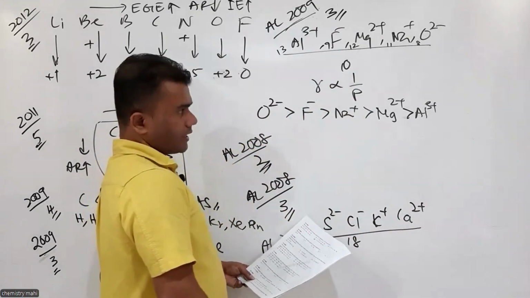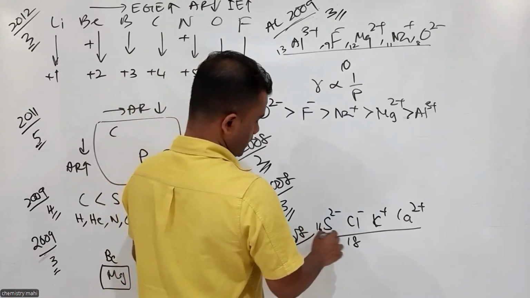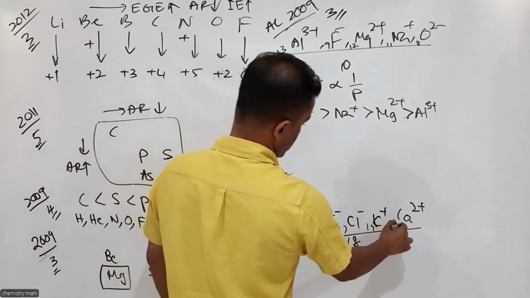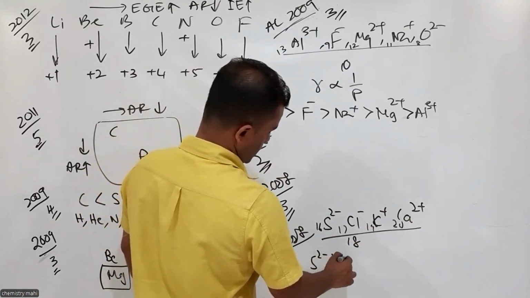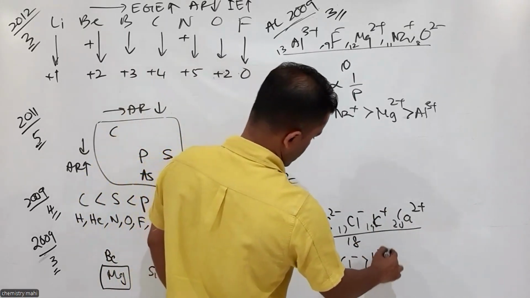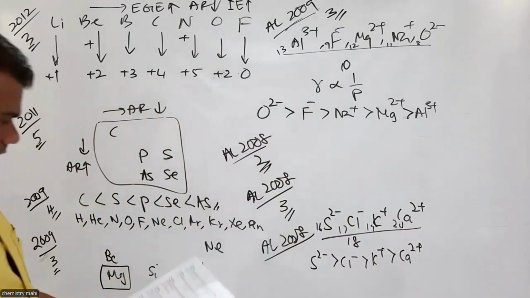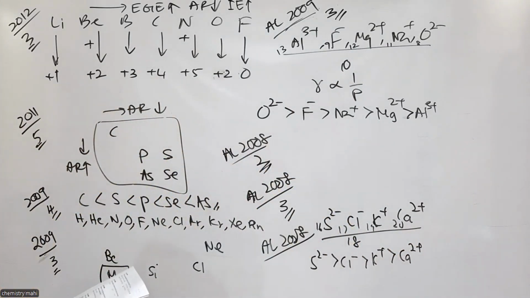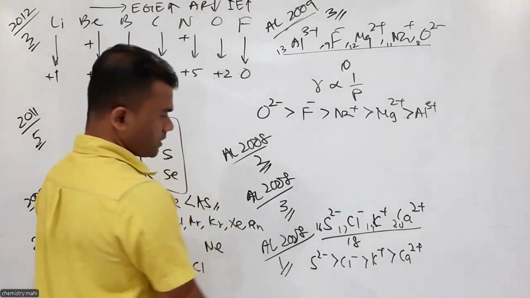They ask decrease in order of size, then increase in order of proton. 16, 17, 19, and 20. This is the order: sulfide, chloride, K plus, and Ca2 plus. Increase in order of proton is the decrease in order of size, given in first answer. So, last one, answer first one.